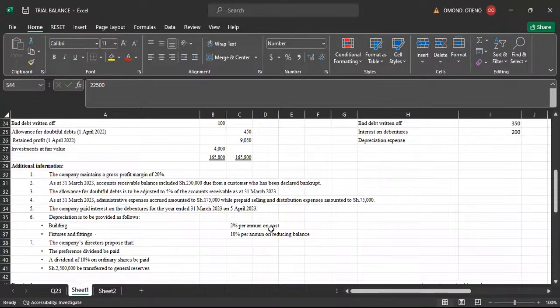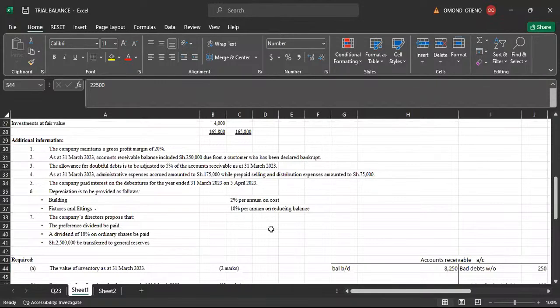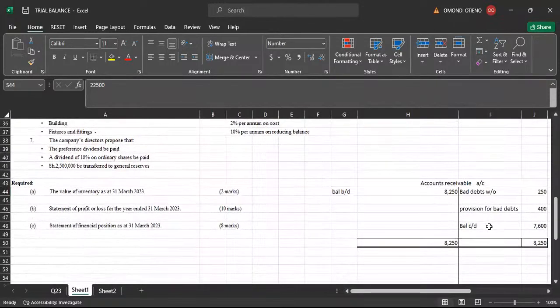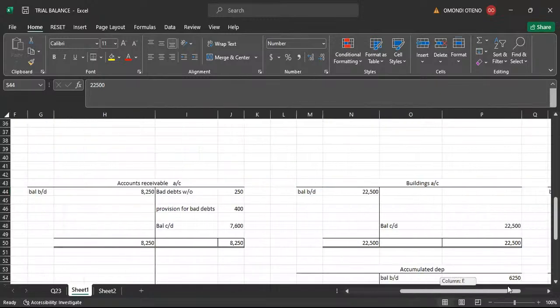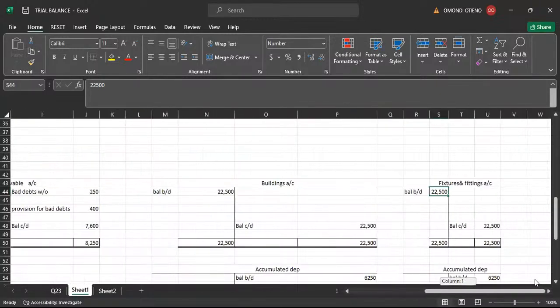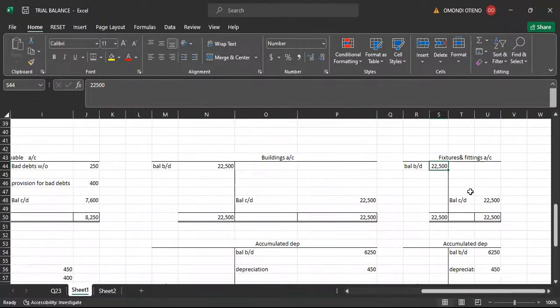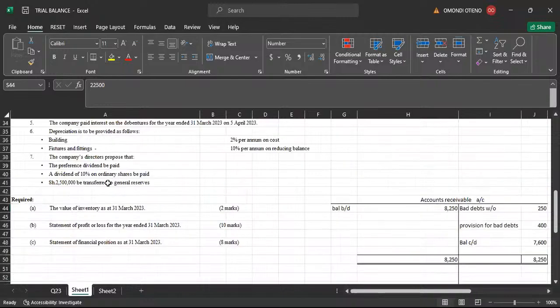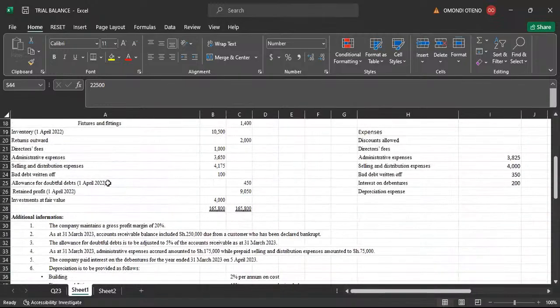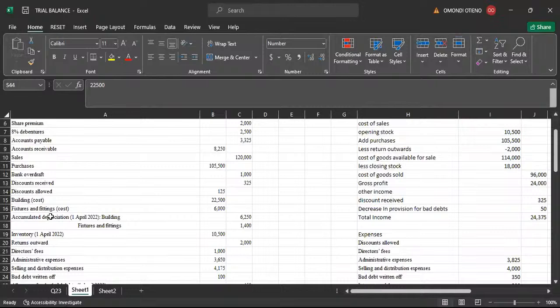So what we need to have here is that the depreciation will be reducing the cost of this asset in the same account. So my balance brought down, or my cost of this asset, the cost.